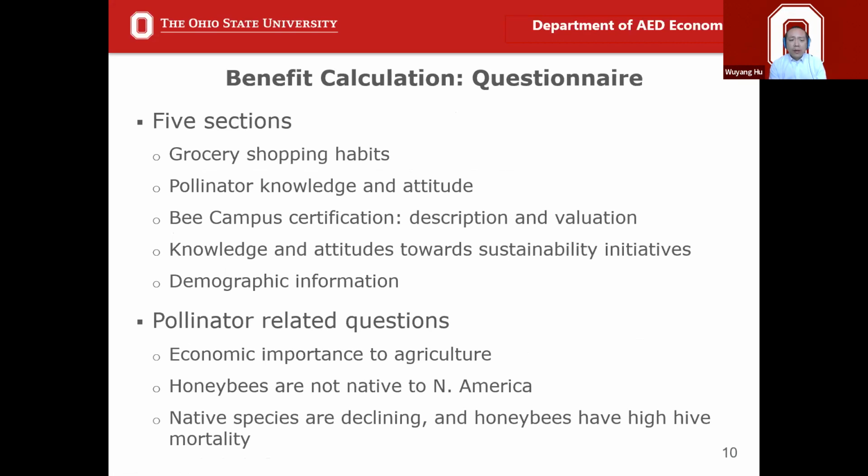And third component, we ask the bee campus certification kind of question. We describe the information, we present additional information, and we do our evaluation or valuation of the benefits. And then after that section, the 4th section, we ask folks' knowledge and attitudes towards more broadly defined sustainability initiatives. And then we conclude the survey with the demographic information.